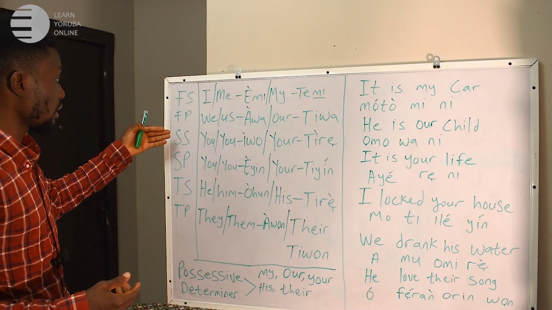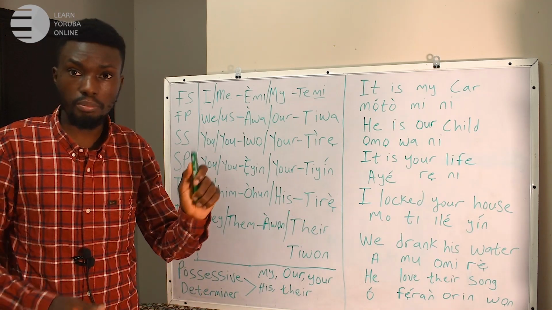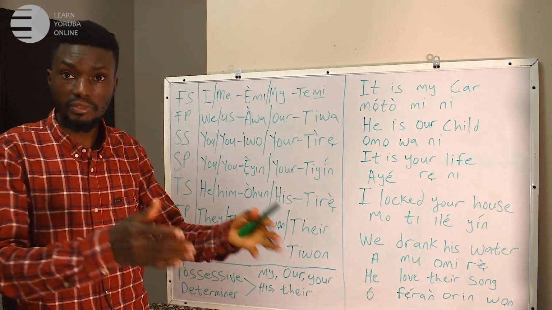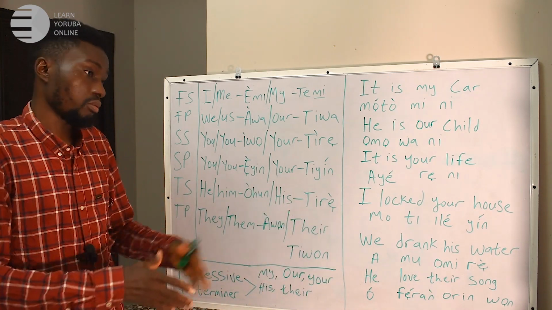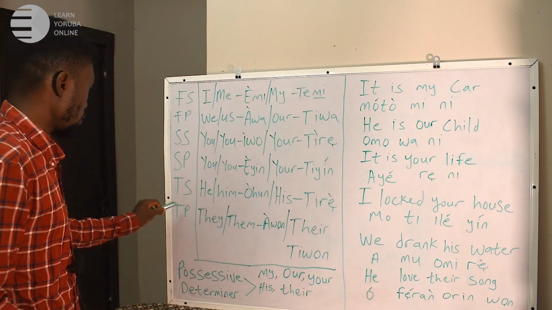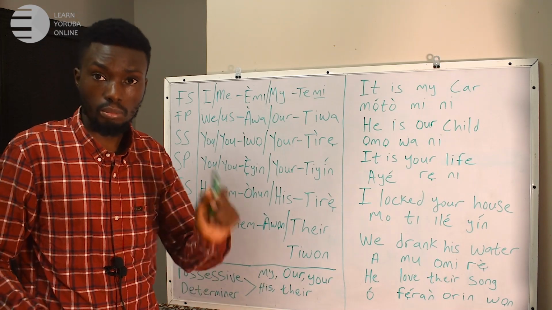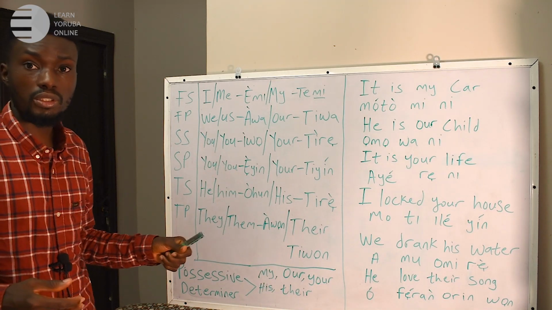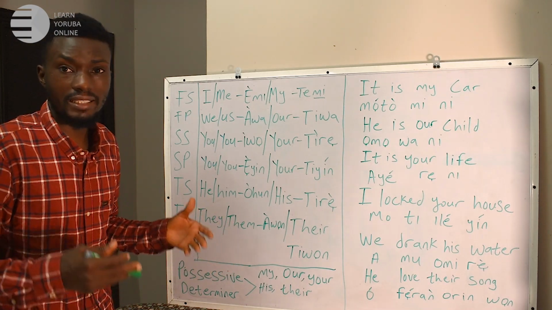And second person singular means you are talking about someone else who is present with you, but only one person. Second person plural means you are talking about someone else who is present with you, but the person is more than one person, maybe a group, or maybe you are in a lecture room. And then third person singular means you are talking about someone else who is not there with you, but it's one person. And third person plural means you are talking about someone else who is not there with you, but it's more than one person.